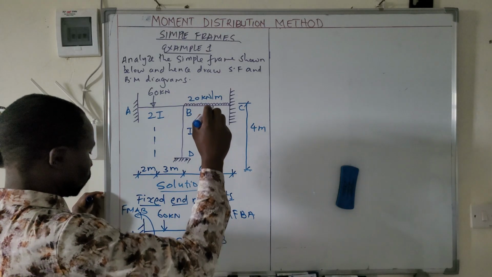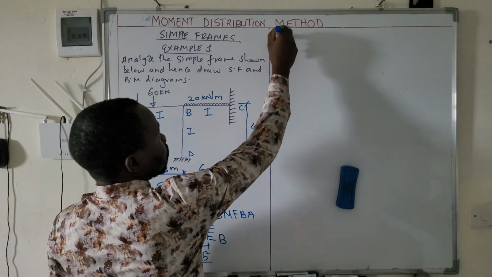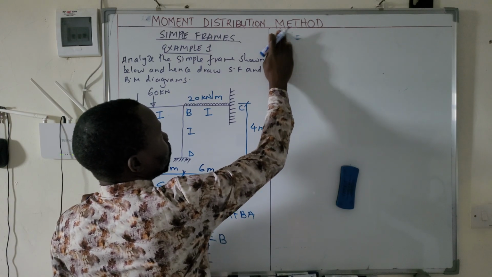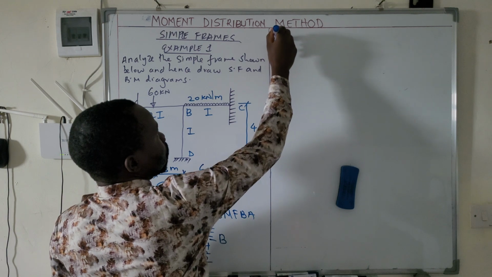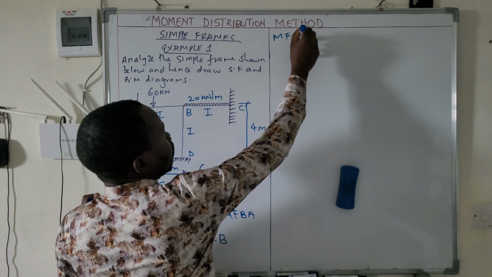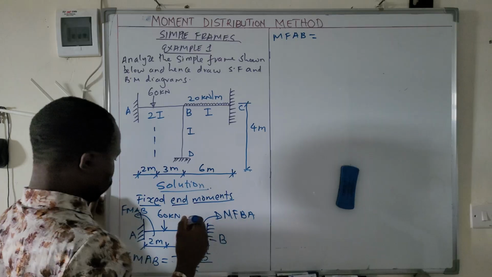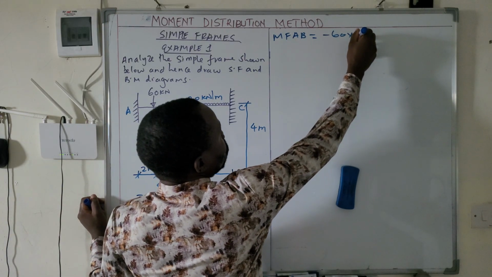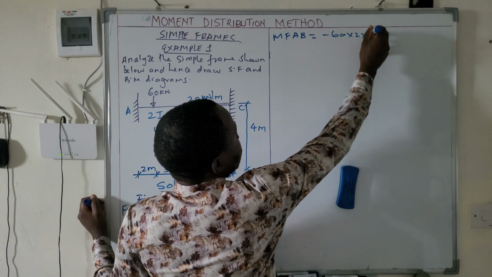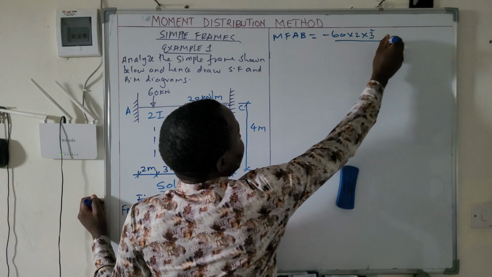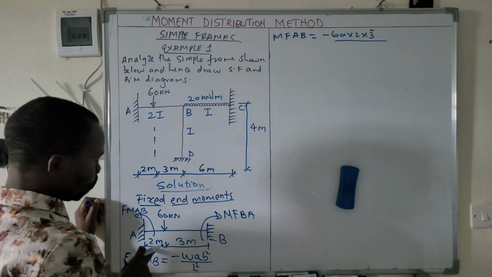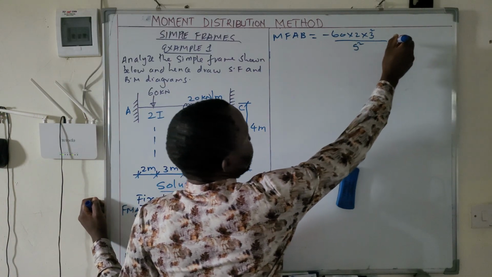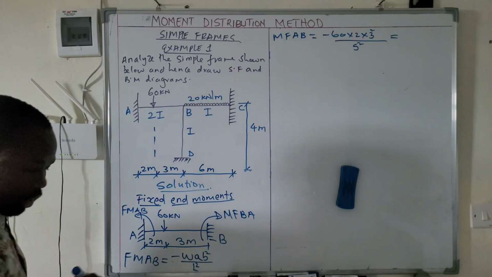So here, MF AB is equal to minus 60 times 2 times 3 square over L. L is this distance, 2 plus 3, that is 5. 5 square.